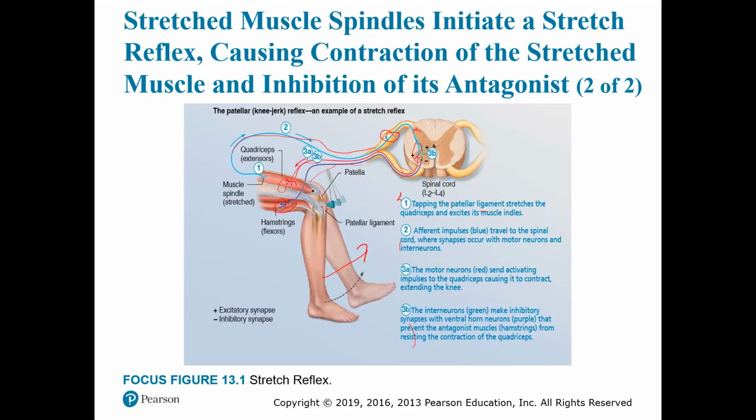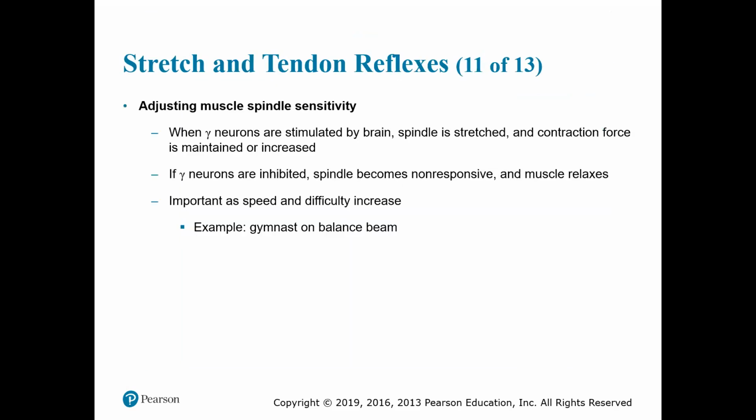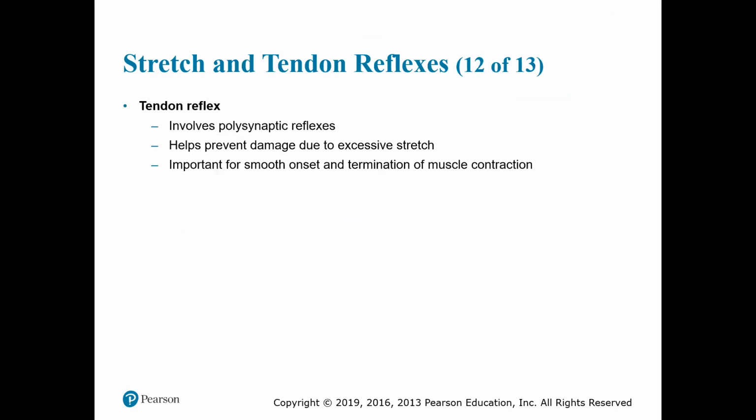So the true arc is about the quadricep. The reciprocal inhibition is just what has to happen in order for that arc to be completed. Yeah. So of course you have to adjust the spindles and the proprioceptors. So they give you some balance, well, with reflexive balance.